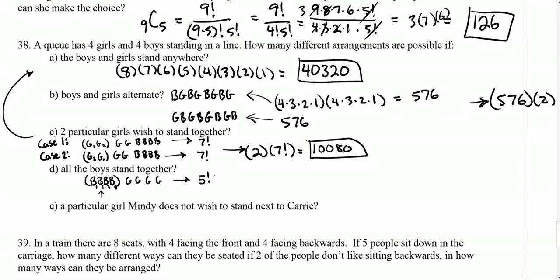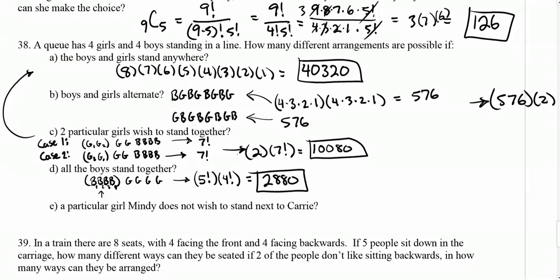And that's 4 factorial ways. So we're going to multiply 5 factorial times 4 factorial. And using a calculator, we get 2,880 ways.